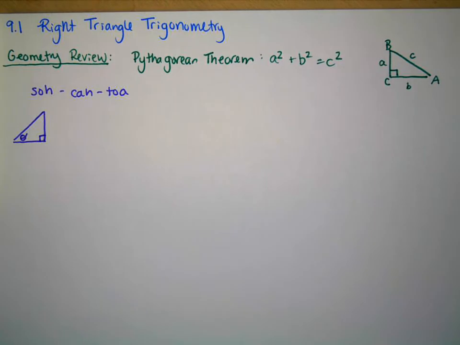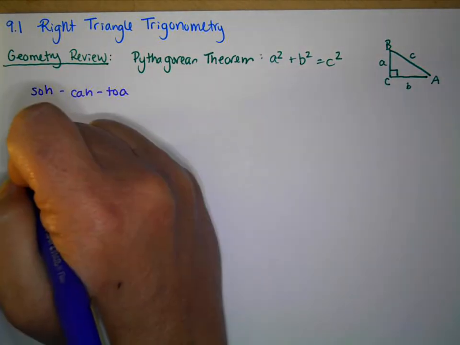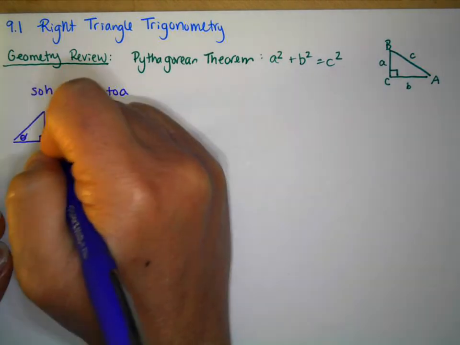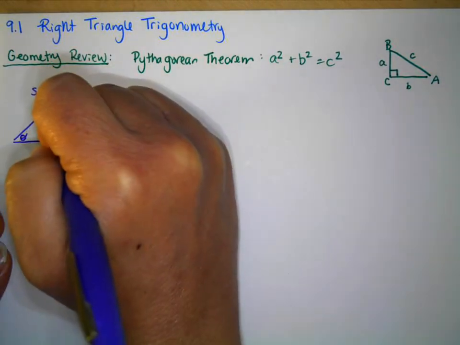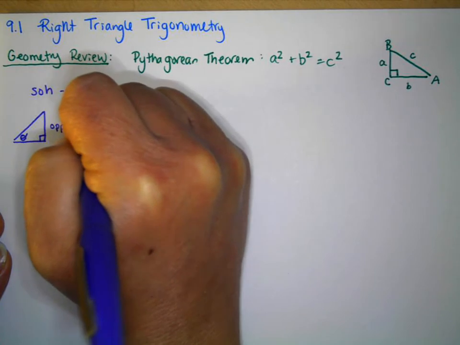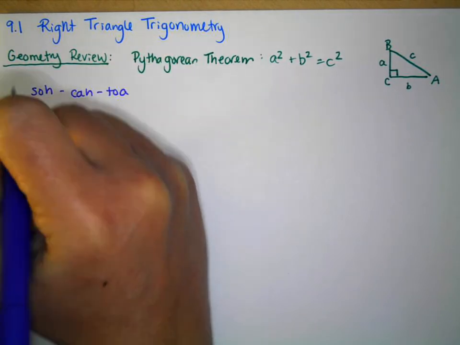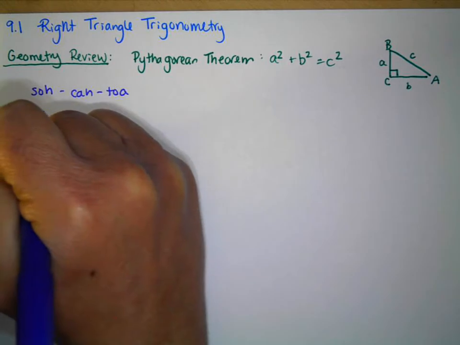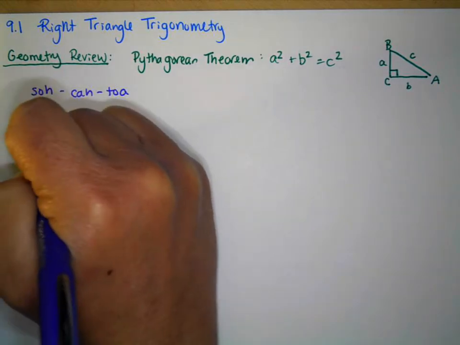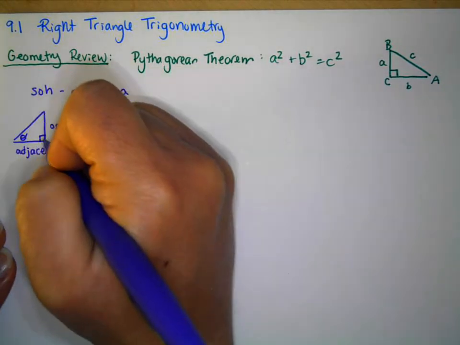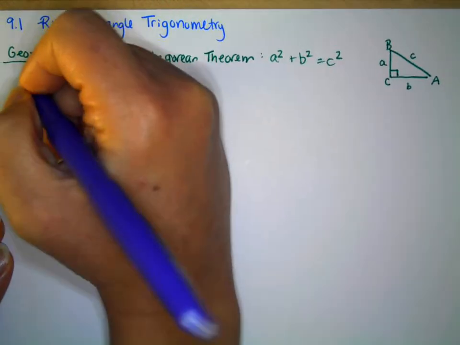It's a Greek letter that's often used to represent angles. From this angle, the side across from it is my opposite side. The side next to it is the adjacent side. And the side that's across from the right angle is the hypotenuse.